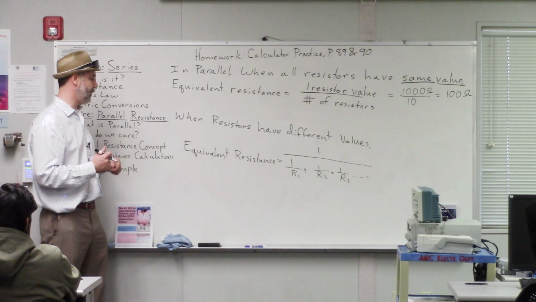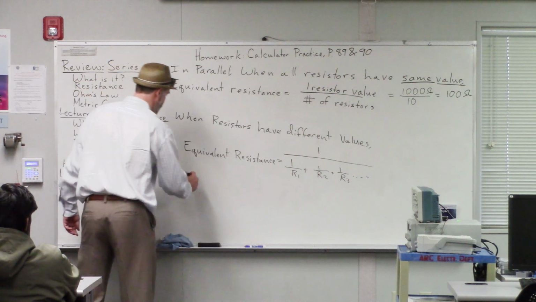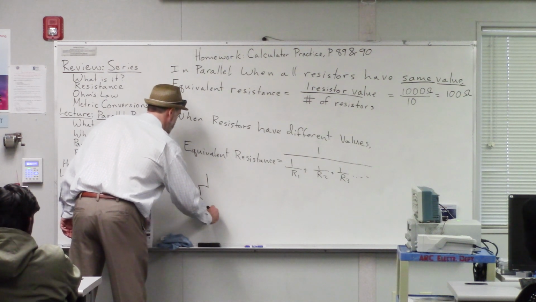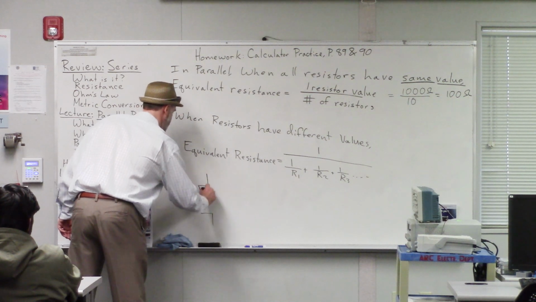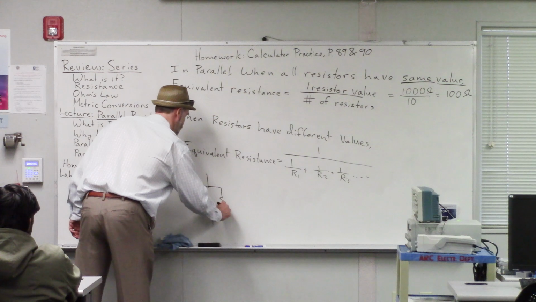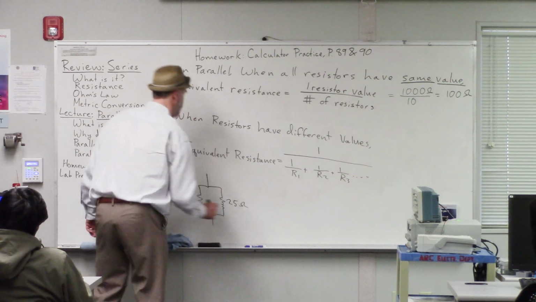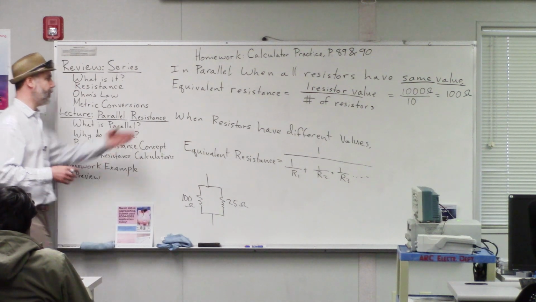So let's do an example. Let's say you have two resistors in parallel, and one of them is 100 ohms, and the other one is 25. Let's find the equivalent resistance for that. Can we use this formula up here?